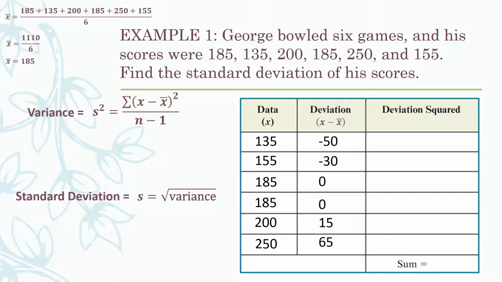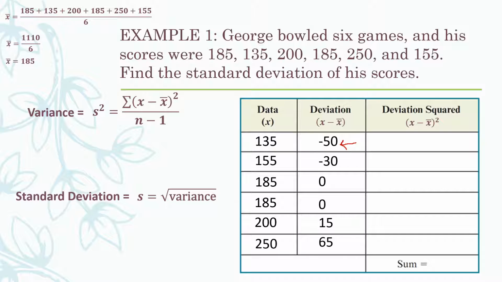Now we are going to square the deviations. I want you to listen to me very carefully when I tell you what we're about to do. This column is very simple. All you're going to do is take the number that you found in the deviation column and square it. You multiply it by itself, or you can just use the squared button on your calculator.